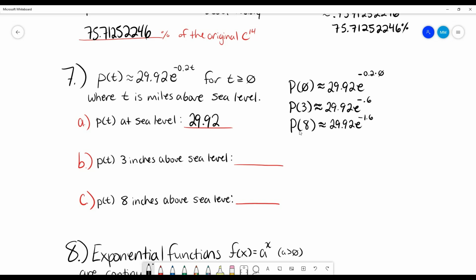E to the negative 0.6 times 29.92 is about this. Oops, that should be a 2. Okay. And then same thing with that one. So e to the negative 1.6 times 29.92 is about this. And boom, that's all there is to that.